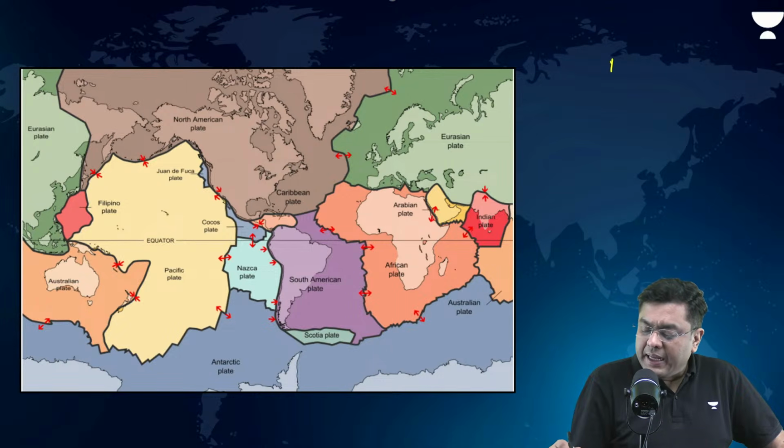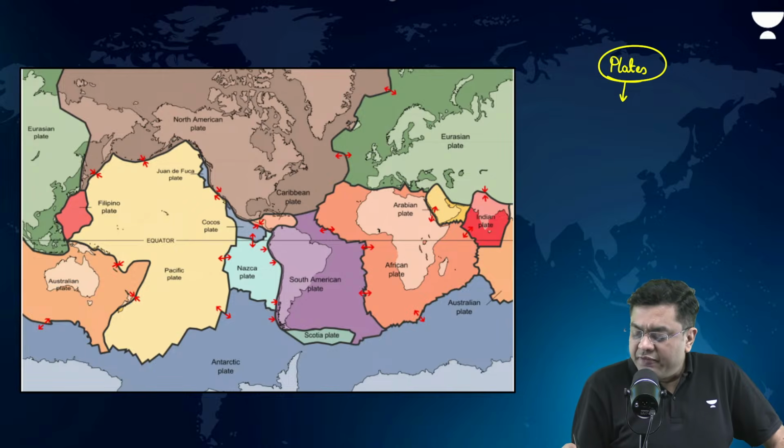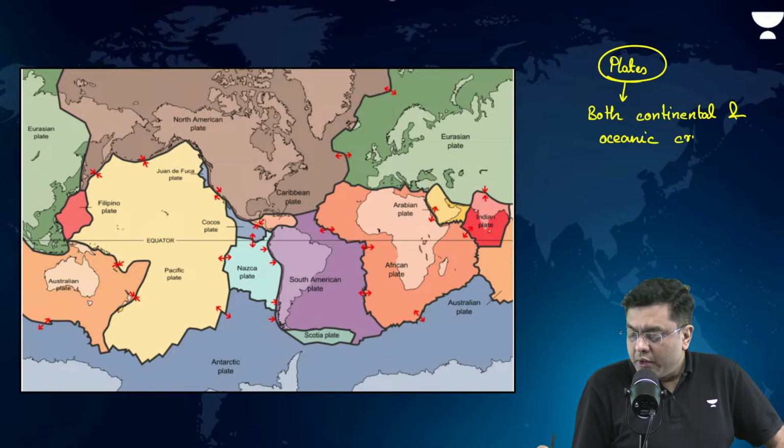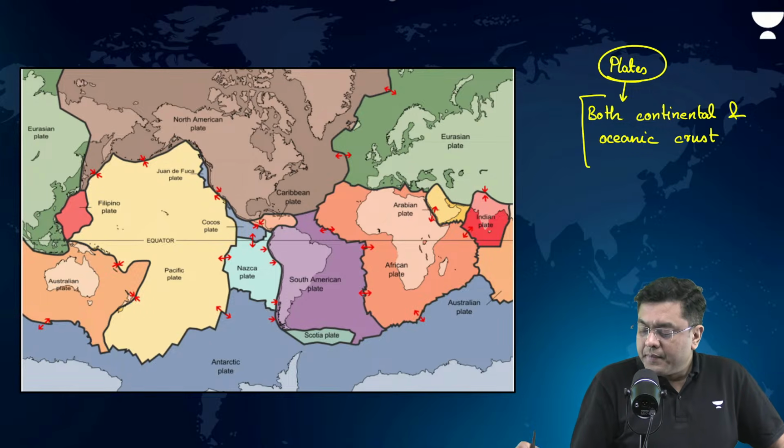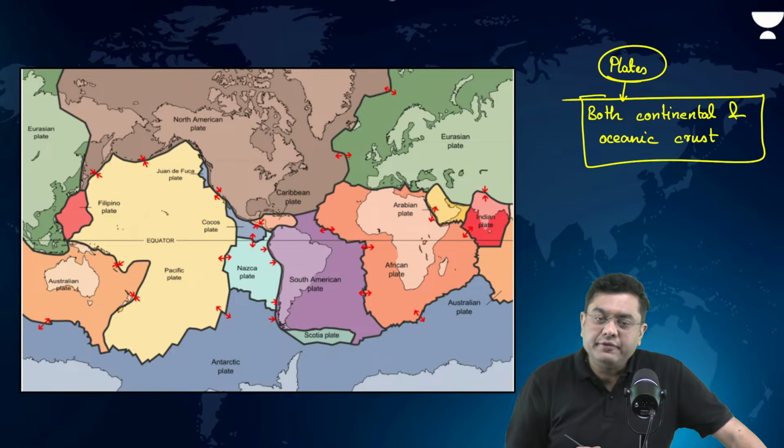Plates basically combine; in the majority of cases, plates will have both continental and oceanic crust. That is what the plates will have.